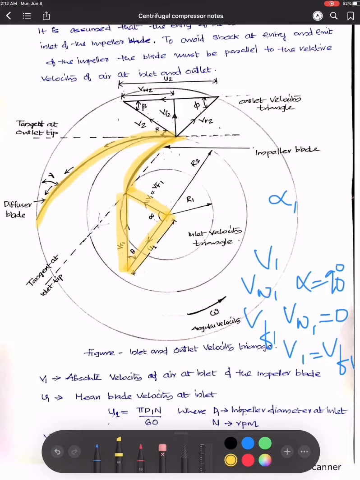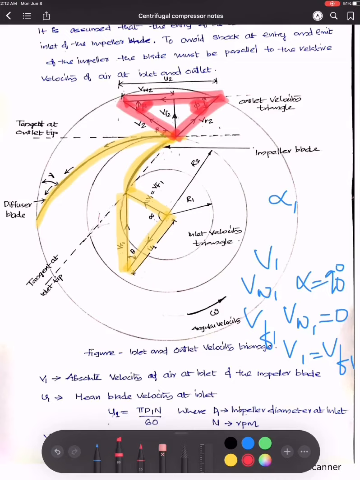I'll explain the outlet triangle now. V2 is the absolute velocity. You have the U2 velocity, the mean velocity of the blade, and this one is the relative velocity. Beta and phi are the angles here. Beta is the guide blade angle at the outlet made by V2 with U2, and phi is the vane angle which is made by VR2 with U2.